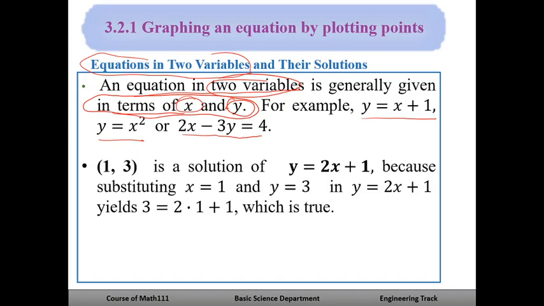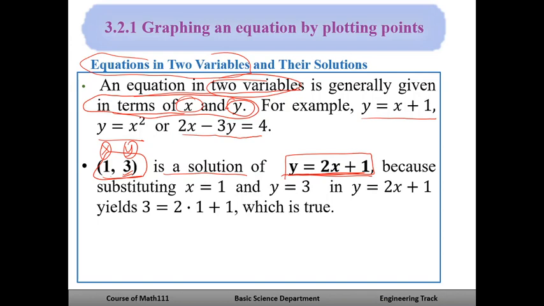Now let's talk about what is a solution of an equation with two variables. So for example, look at this equation, y equal to 2x plus 1. In this equation, (1, 3) is a solution. So 1 is standing for x, 3 is standing for y. The solutions of such equations are ordered pairs.